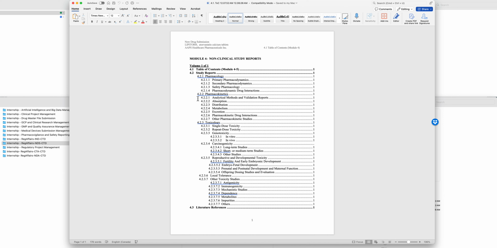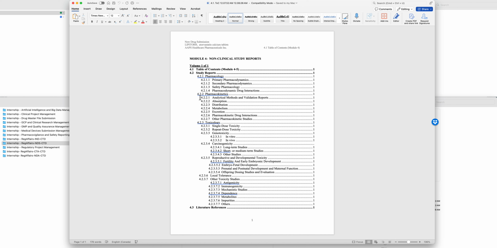We are now going to look into adding information about the analytical methods and validation reports, because we need to talk about the methods, how you have been testing the absorption of your drug, the distribution of your drug in your animal models, the metabolization of your drug in different animal models, and of course their metabolites, and then the excretion. So it can be through the feces, urine, saliva, milk, for example, or by exhalation.